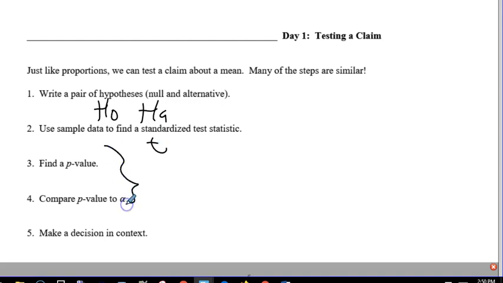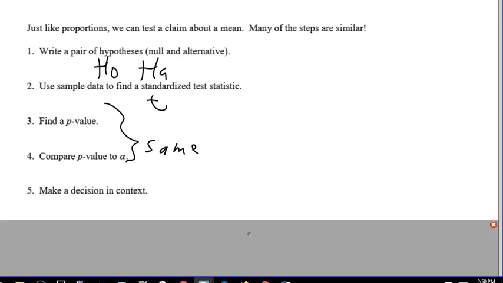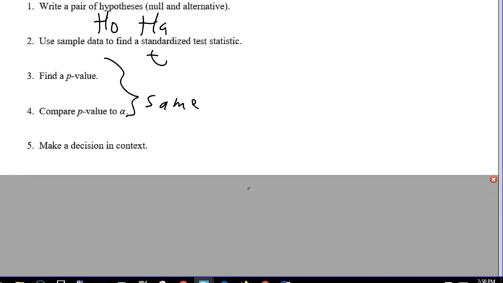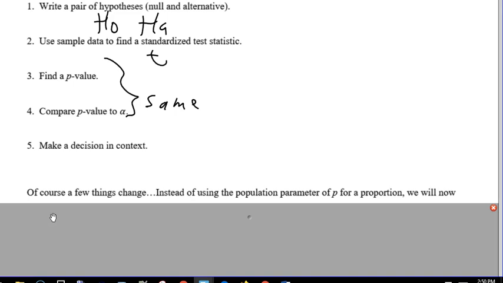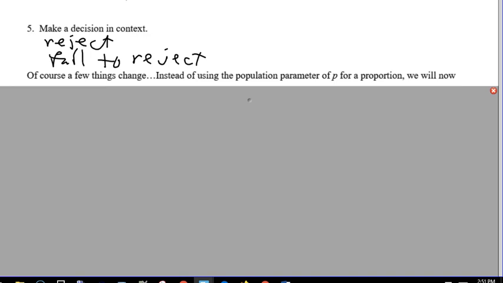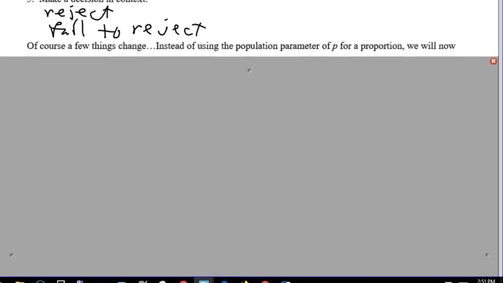Steps 3 and 4 are going to be the same as what we've already done. And then for step 5, we decide whether to reject or fail to reject, as we just talked about, by comparing p to alpha. So a lot of similarities, just tweaking some of the vocabulary.